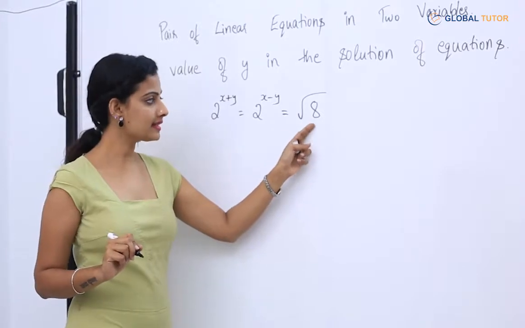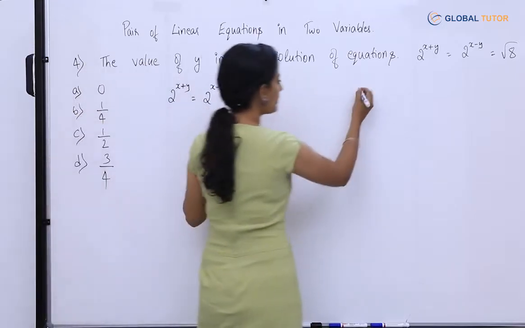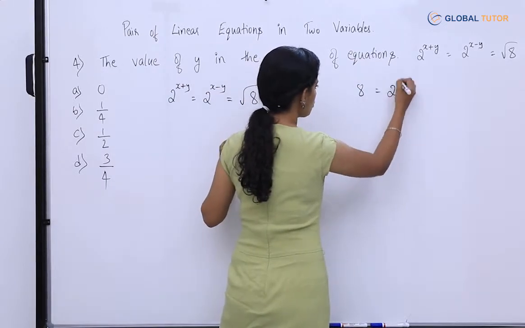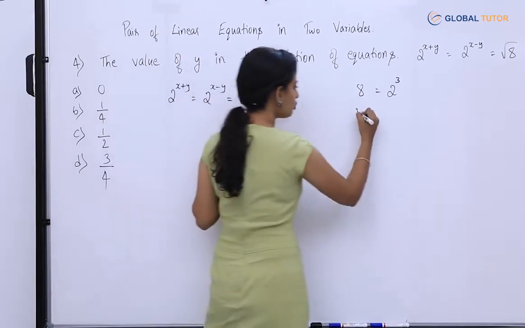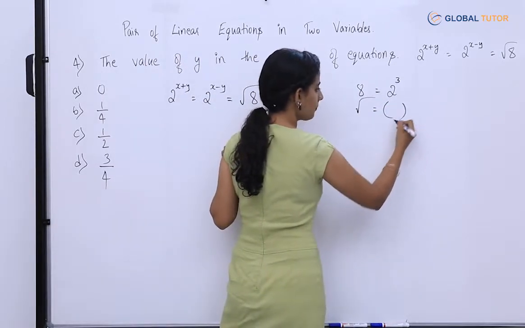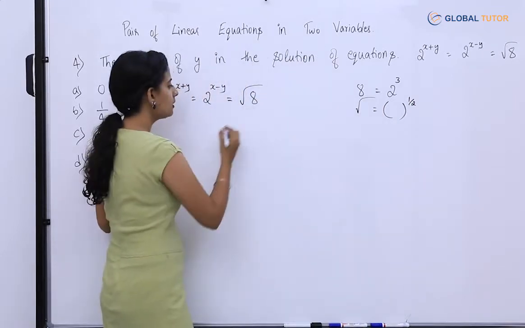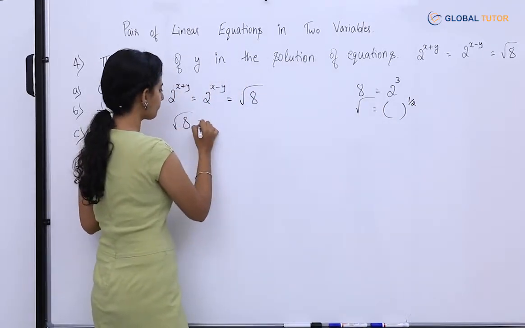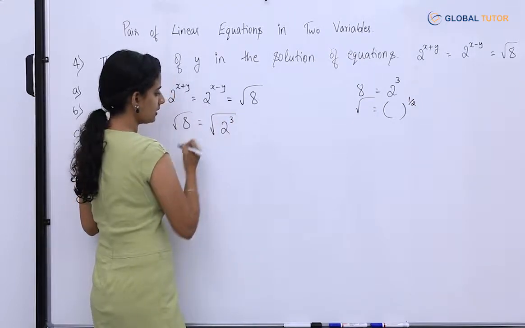However, this is root 8. Now let us convert root 8 into base 2. So what is 8? 8 is 2 power 3, right? 2 cube. And what does root mean? It means something to the power 1 by 2. So we can write root 8 as root 2 power 3.